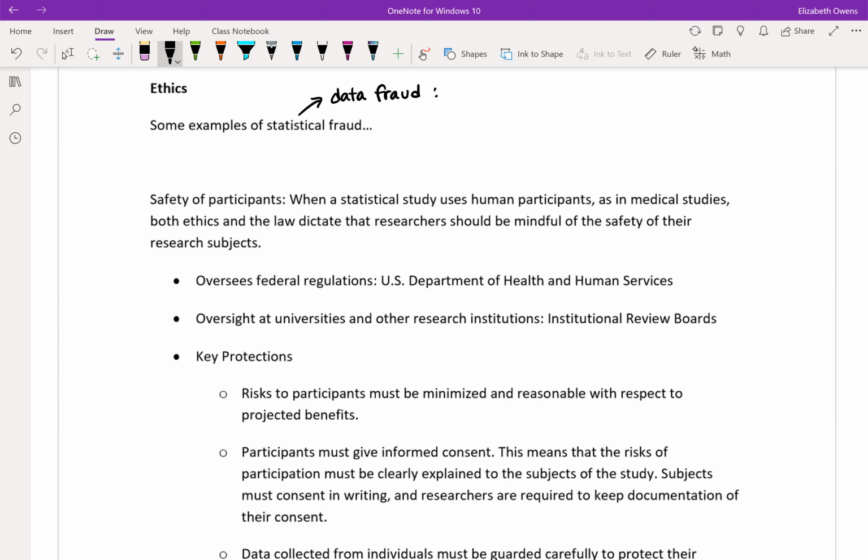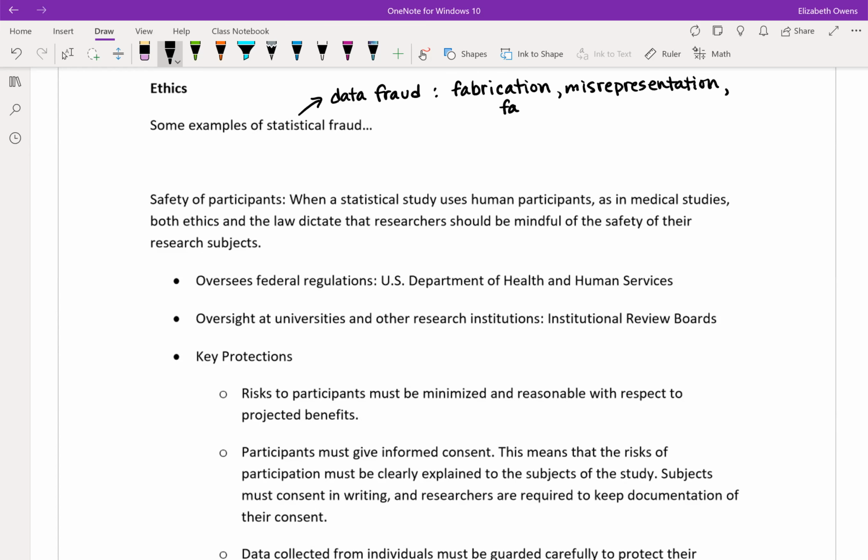The main two areas where we see data fraud are in the fabrication of results, misrepresentation of results, or falsification.